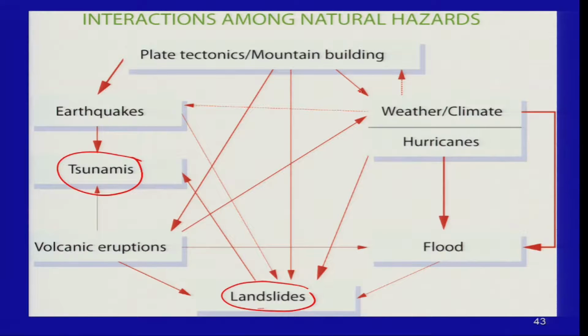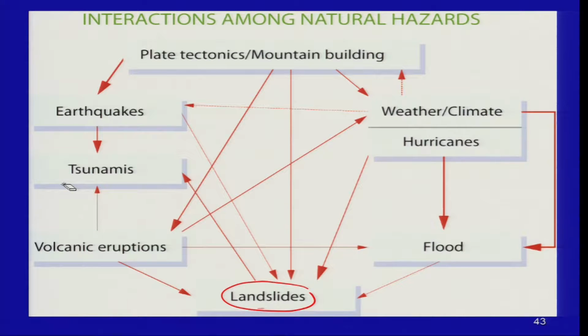Then mountain building activity will also affect the weather and climate. The best example is that because of plate tectonic movements and collision, the Himalayas were formed, that is, mountains were formed, and we had different weathers in the region. So, this is also interconnected or interrelated.